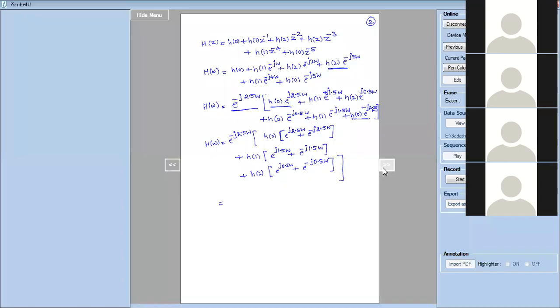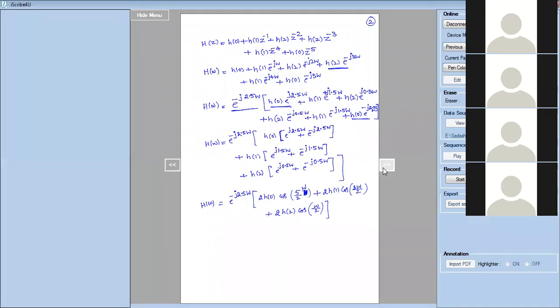So I can write h of omega as e to the power of minus j 2.5 omega into 2 times h of 0 into cos 5 by 2 omega, plus 2 times h of 1 into cos 3 omega by 2, plus 2 times h of 2 into cos omega by 2. Is it right? Yes, sir.